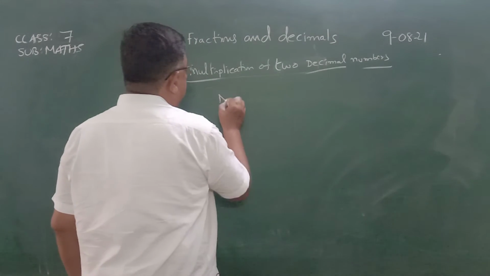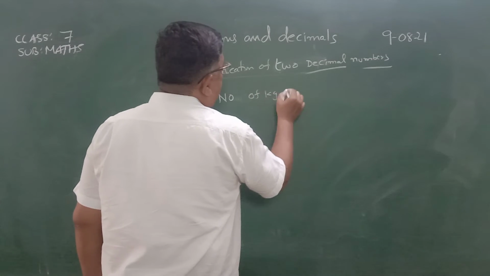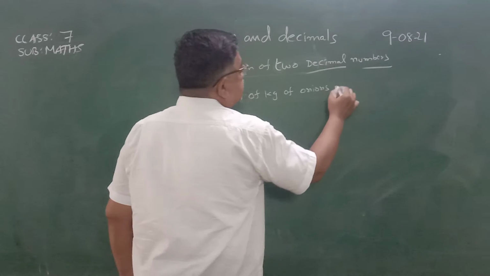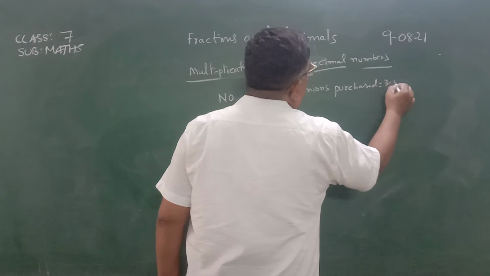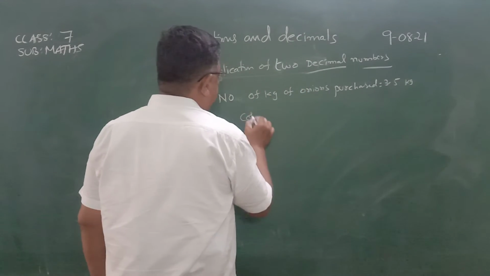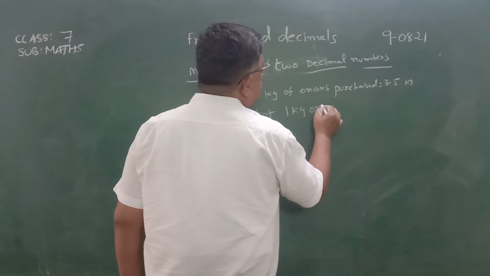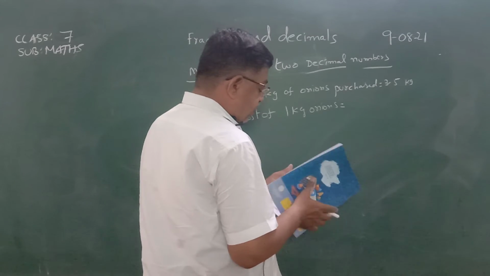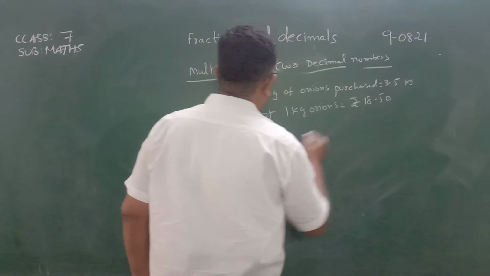So, the number of kilograms of onions purchased is equal to 3.5 kgs. Cost of 1 kg of onions is equal to rupees 18.50.